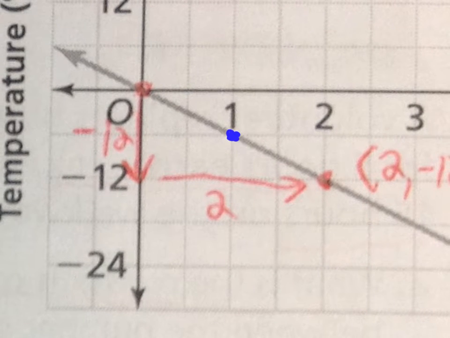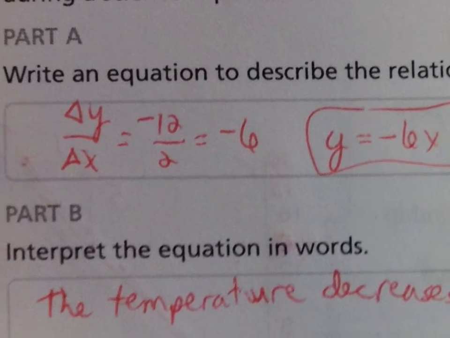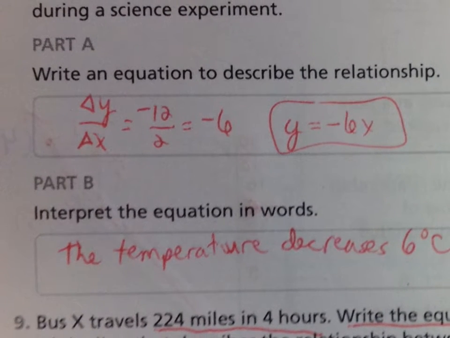So change in y is -12 because we're going down 12. Change in x would be 2, and -12 divided by 2 is -6. And so if -6 is our slope, then the equation would be y equals -6x.